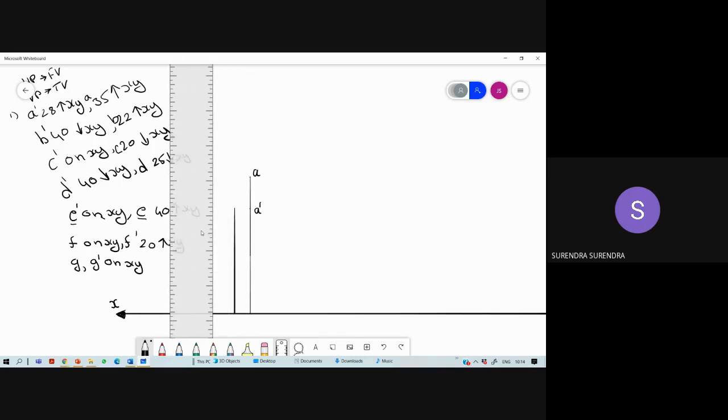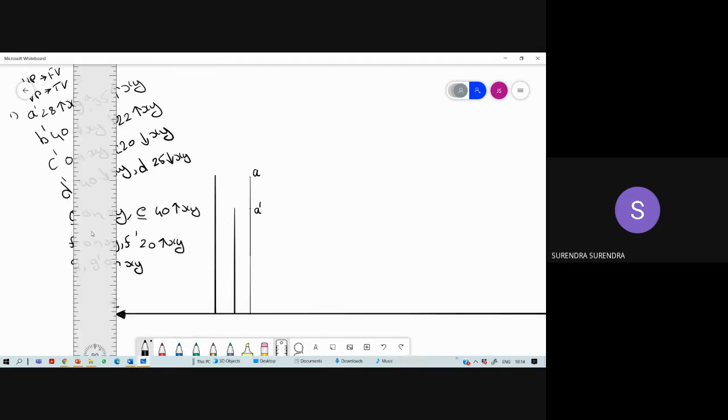Always remember, the shorter dimension should be represented nearer and the larger dimension, the 35 mm dimension, should be represented outward. So, drawing the extension lines. I'm drawing the extension lines freehand, but you use a scale for drawing the extension lines.